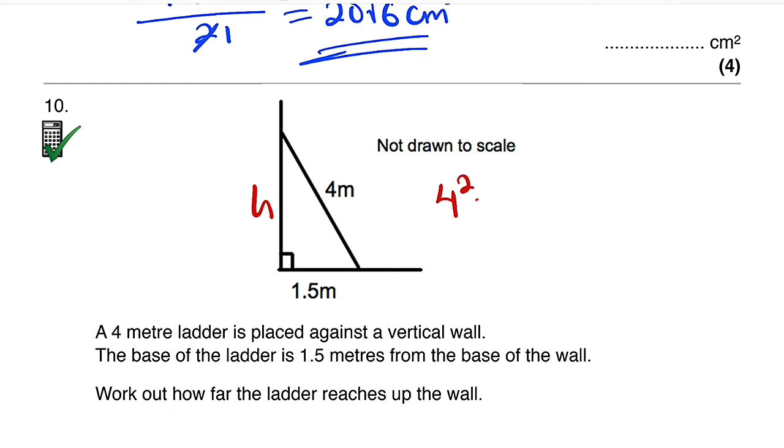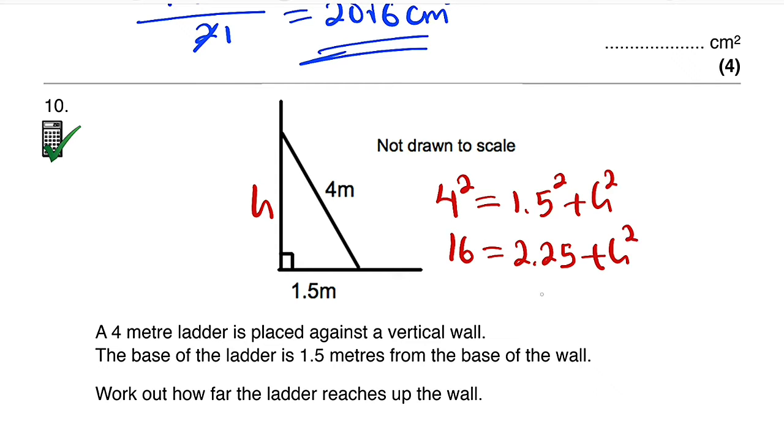4 squared will be equal to, you should know that you can draw this one just from this statement. We just got lucky that they gave us the diagram, but we can do that. This is 1.5 squared plus H squared. 4 squared is 16. This is equal to 1.5 squared, which is 2.25, plus H squared.